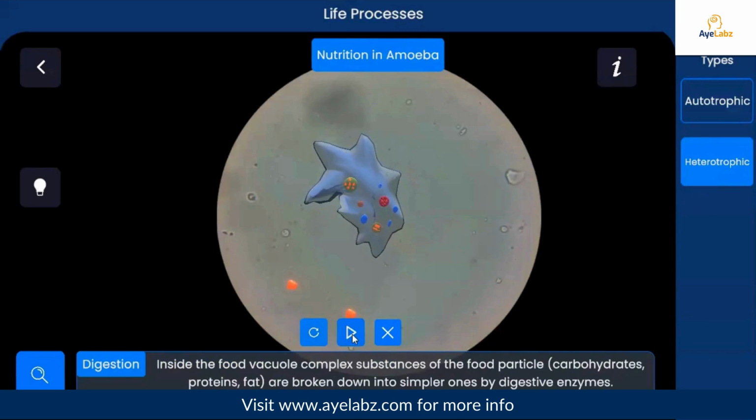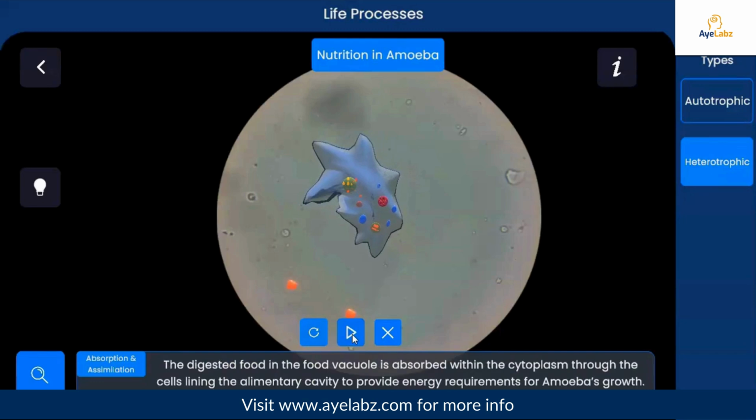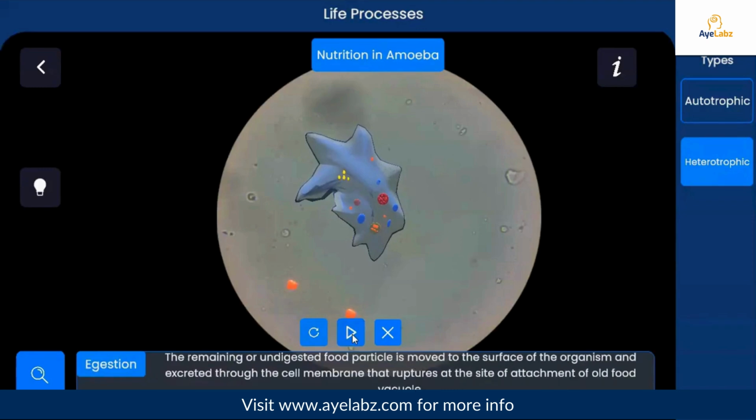Inside the vacuole, complex substances are broken down into simpler ones, which then diffuse into the cytoplasm. The remaining undigested material is moved to the surface of the cell and thrown out.